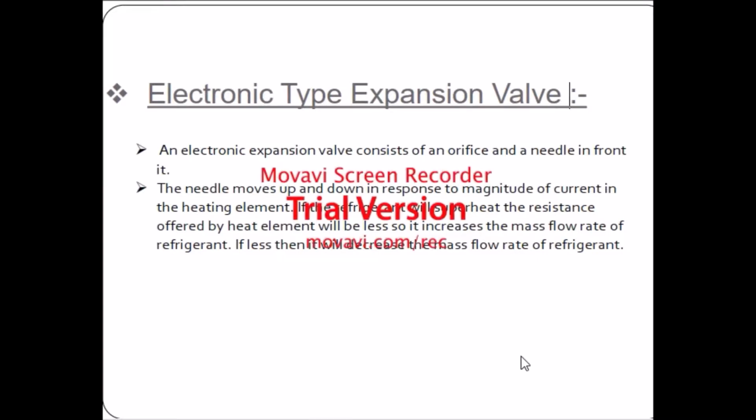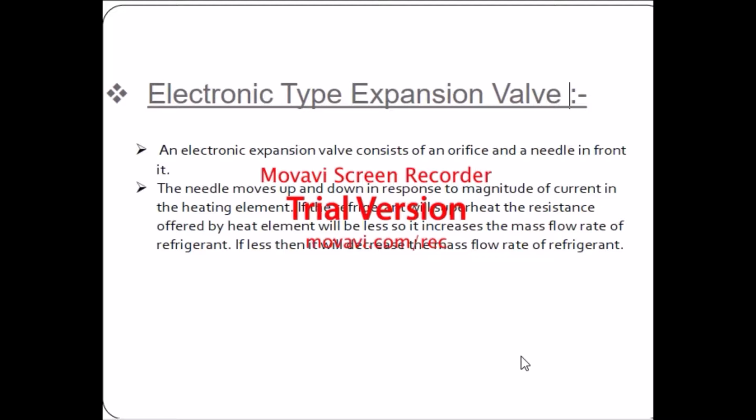So what is the electronic type expansion valve? An electronic expansion valve consists of an orifice and a needle in front of it. So we control the pressure by an electronic system. And then the next, the needle moves up and down in response to the magnitude of current in the heating element.